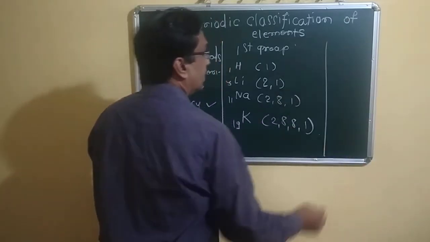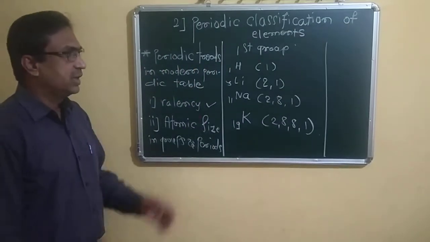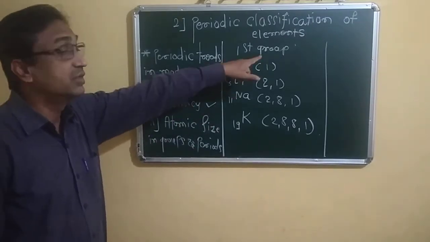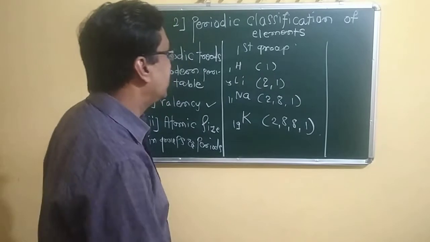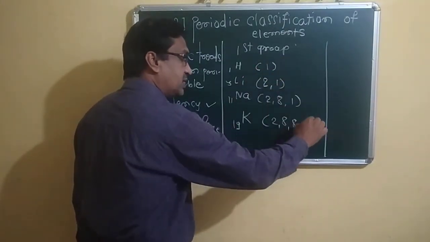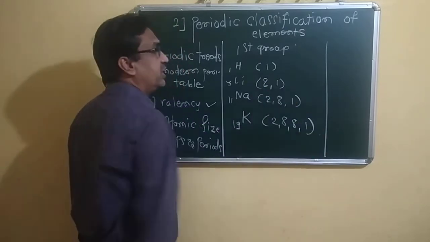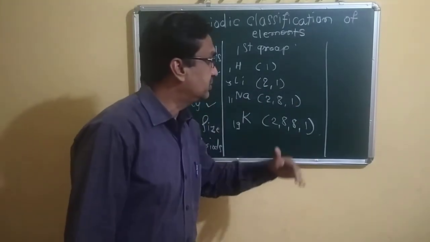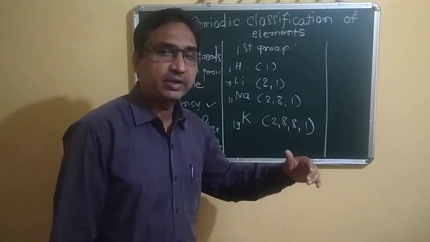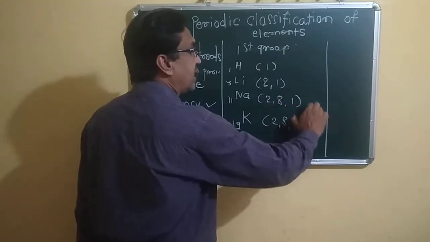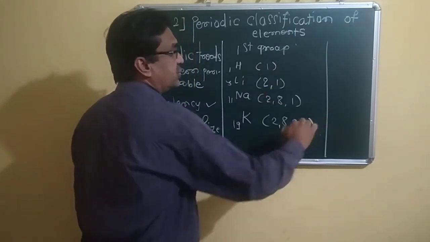We just have to see the electronic configuration of all these elements in the first group. In the last orbit, the outermost or valence orbit, we see one electron remains, so its value is 1.